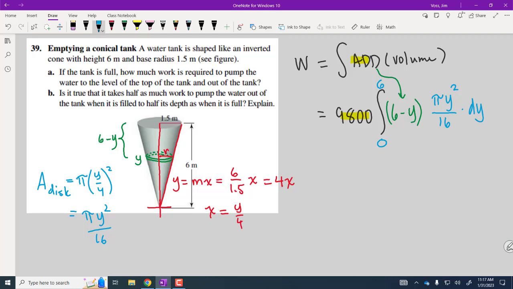Okay, let's pop the constants out to the front here. So we're going to end up with 9,800 times pi divided by 16. And then we'll distribute the y squared, giving us 6y squared minus y cubed times dy.